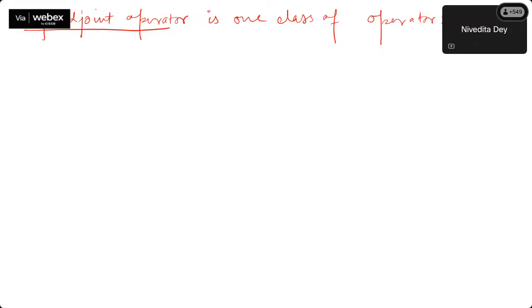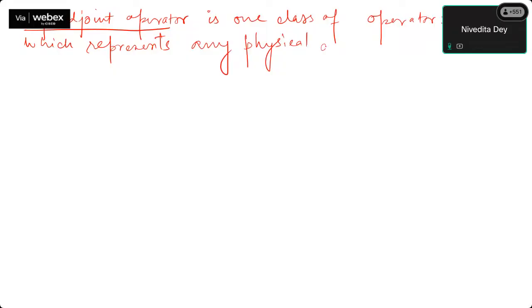So, a self-adjoint operator is one class of operators in, say, quantum mechanics, which represents any physical observables, meaning the position, momentum, or energy.